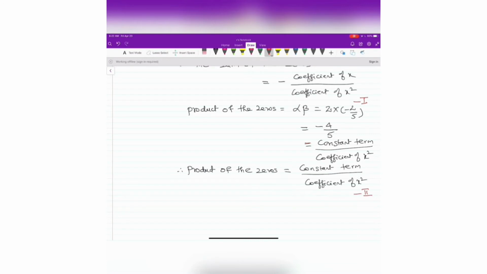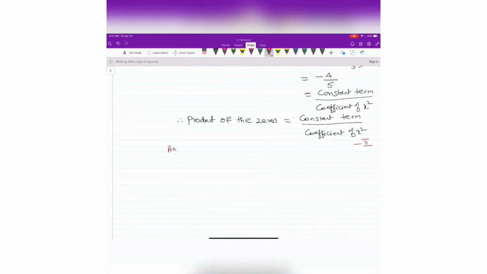And of course we have to write the answer for the second part.